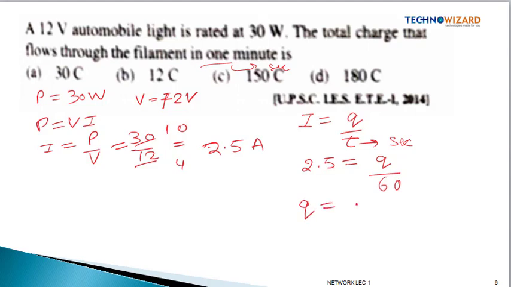So from here we'll calculate 2.5 into 60, right? So this will be simply 25 into 6 is what, 180. No, it's 150 coulomb, right? So option C is correct for this question. Okay, so let's see next question.